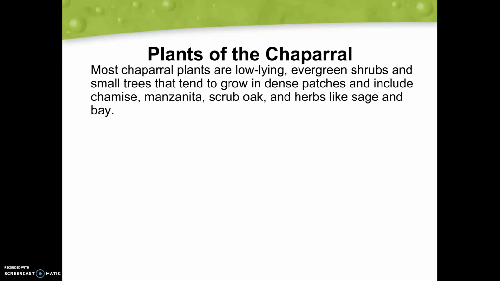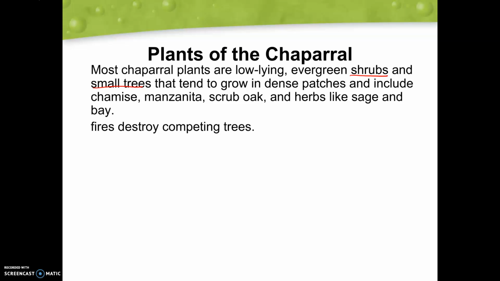So with plants, most are low-lying, so that means different types of shrubs and small trees that tend to grow in patches. A couple types of these would be chamise, manzanita, scrub oak tree, and then herbs like sage. Fires are going to destroy any other competing tree, so that's why these trees are most popular.